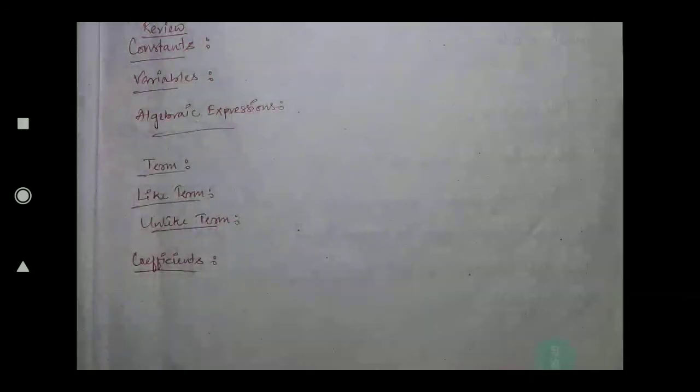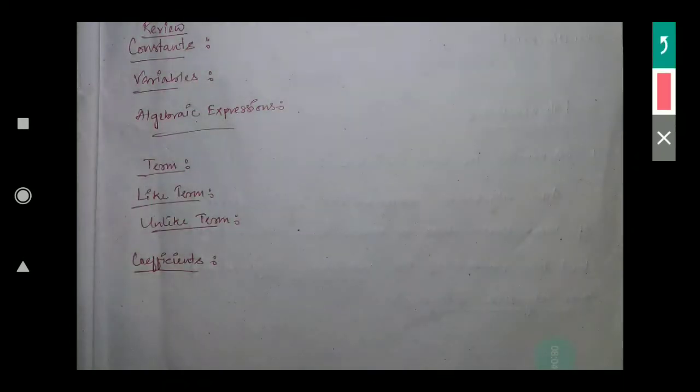Suppose it is given x square plus 2x. It is separated by what I told, addition and subtraction. So here x square is one term and 2x is one term. Why? Because in between them a plus sign is there. That's why we consider this one as one term, this one as one term.